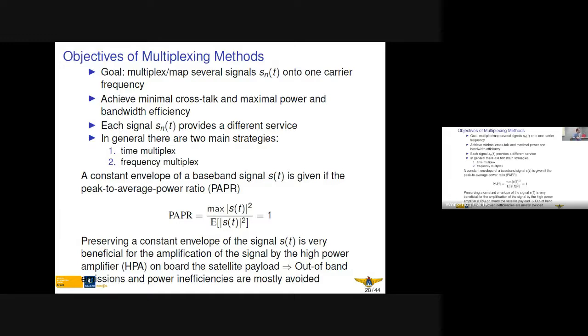Because the high power amplifier usually is a non-linear device, there's usually a linear region of the amplifier, but when you leave the linear region, and this depends on where you define the operational point of the amplifier, then maybe parts of your signal will enter this nonlinear region, and this can create spectral regrowth, so out of band emissions, and also creates power inefficiencies.